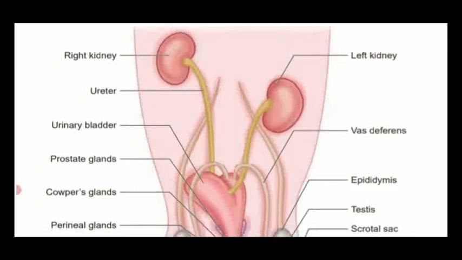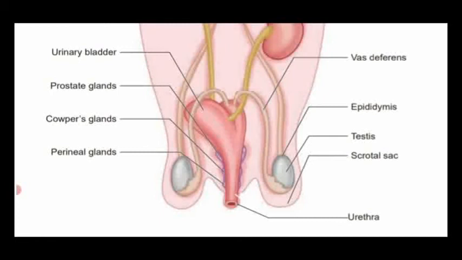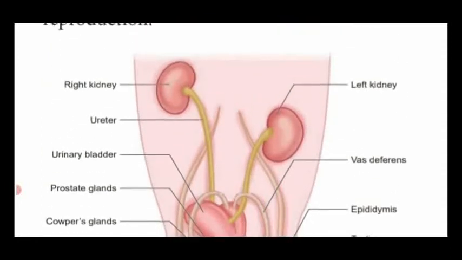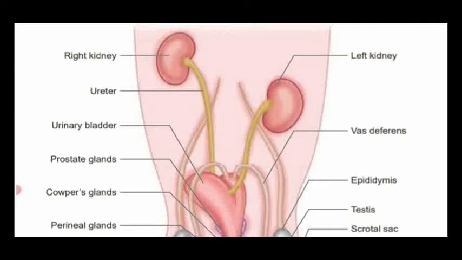The male reproductive system consists of a pair of testes, shown in ash color, which is located in the abdominal cavity and protected by a bag-like structure called the scrotal sac. Then each testis is made up of fine tubules called seminiferous tubules.